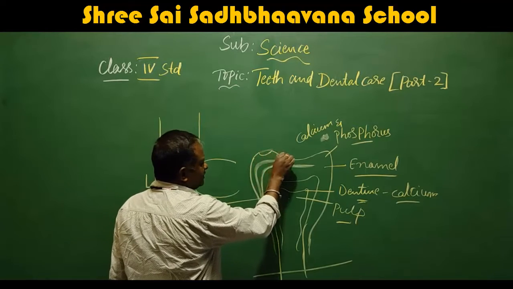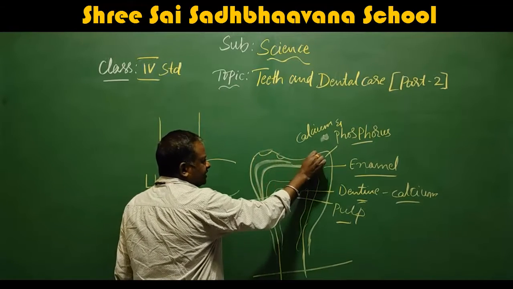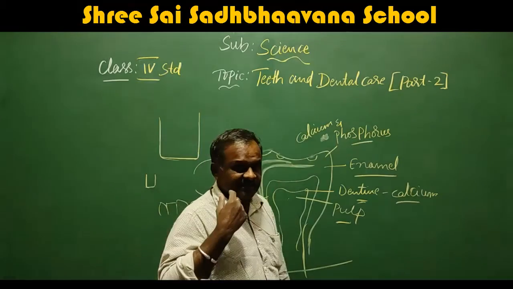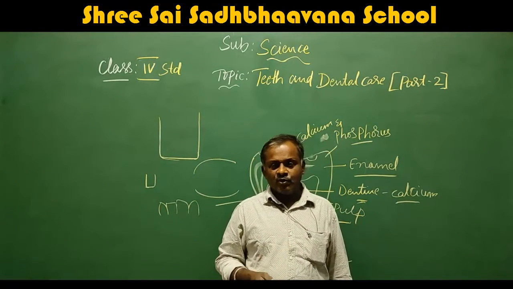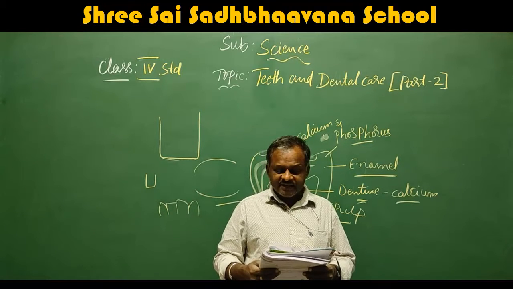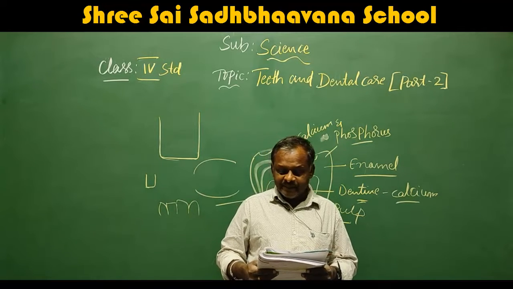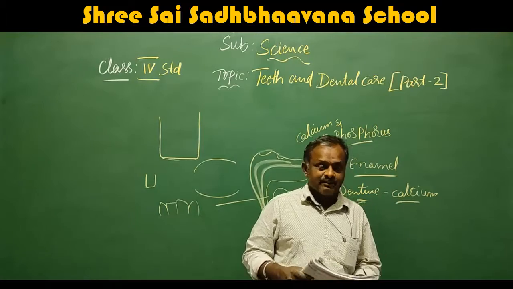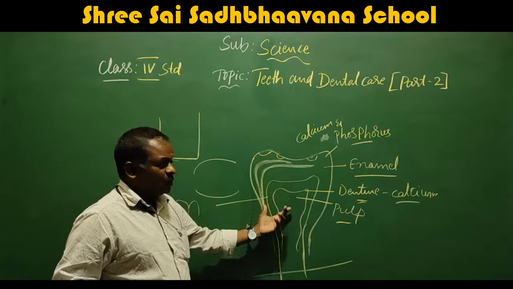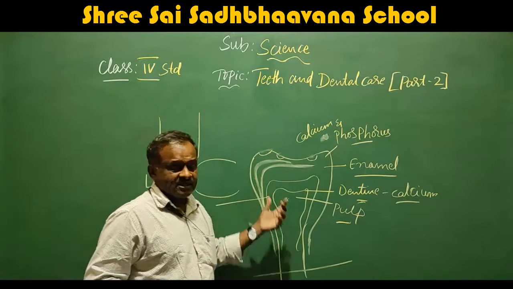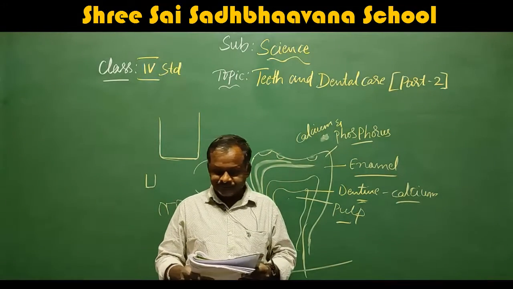If you see some children of LKG and UKG, they have black marks like this in the tooth. This is how they have formed. These cavities grow bigger and deeper and finally they reach the pulp. That means they reach this pulp and it will damage the whole tooth.